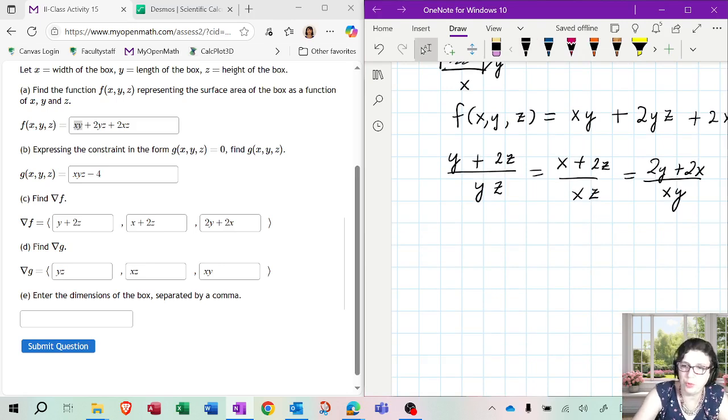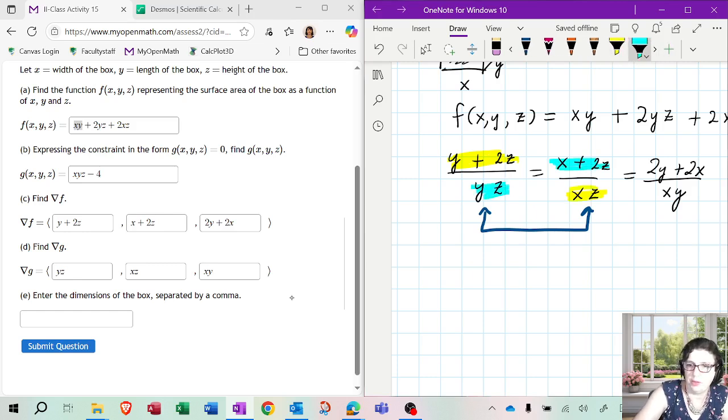So what we're going to do is solve this proportion. Let's look at the first and the second term. Let's cross multiply. So I am multiplying this numerator by the denominator of this one, and the numerator here by the denominator here. And then I'm just going to do this in my head.